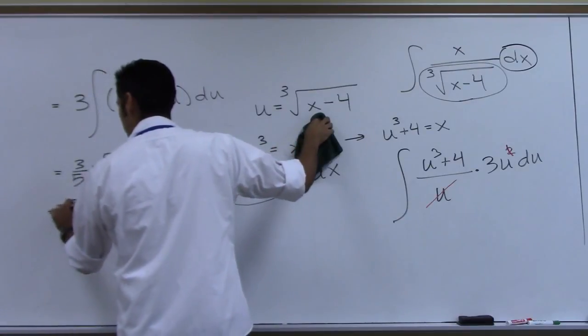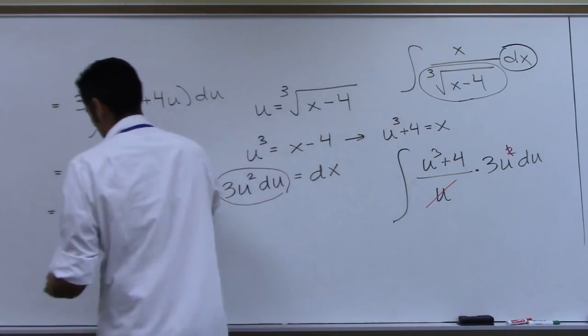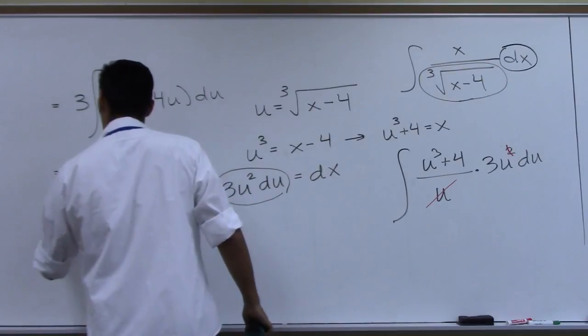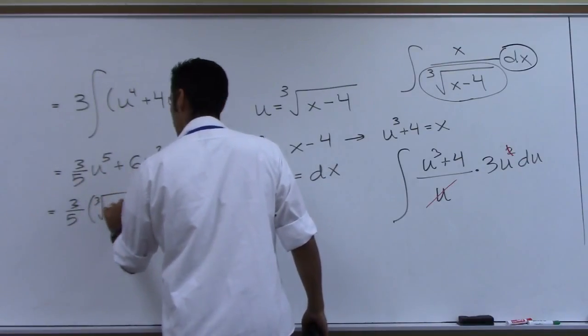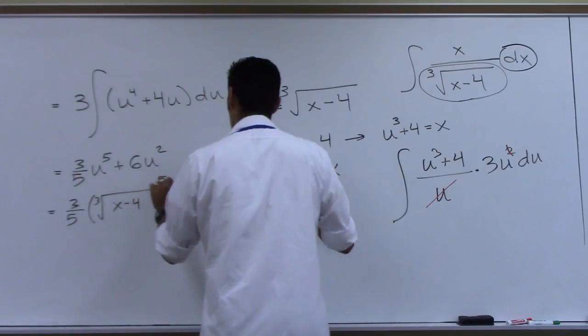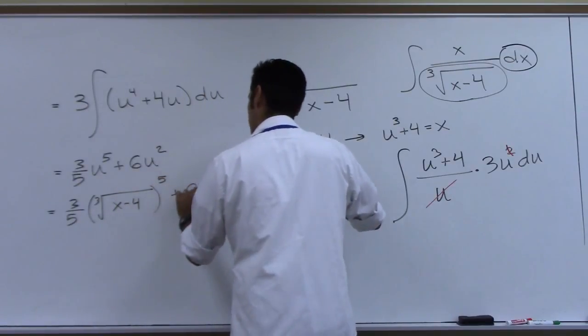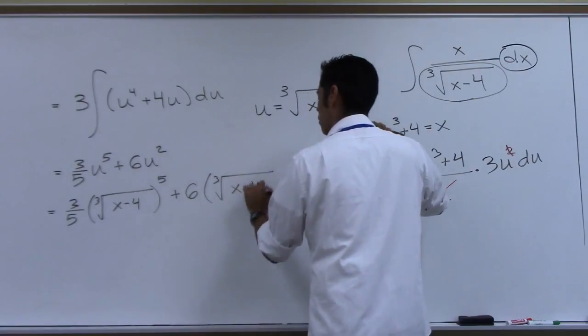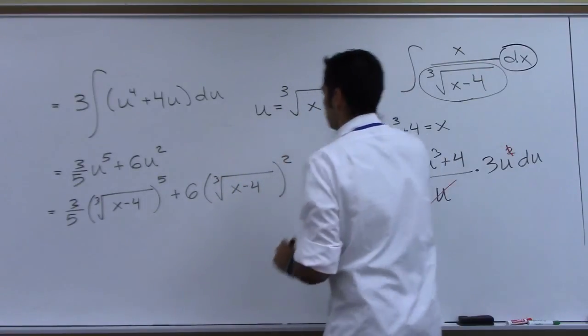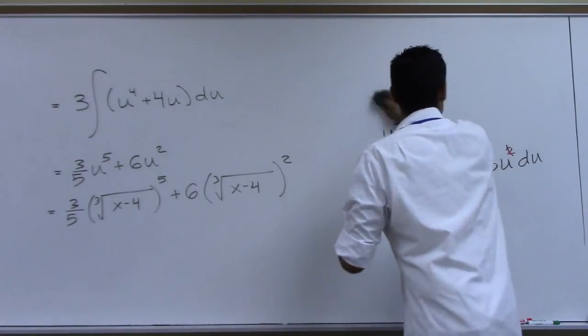So this would be 3/5 cube root of x minus 4 to the 5th power plus 6 times the cube root of x minus 4 to the 2nd power.